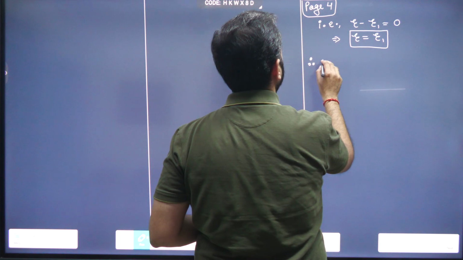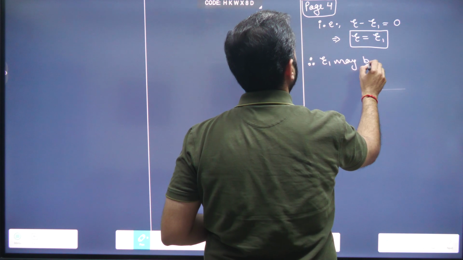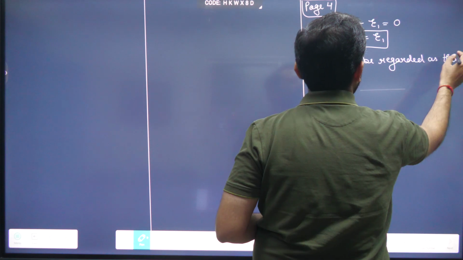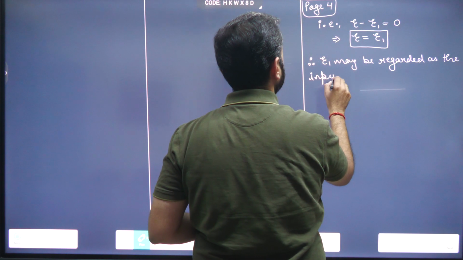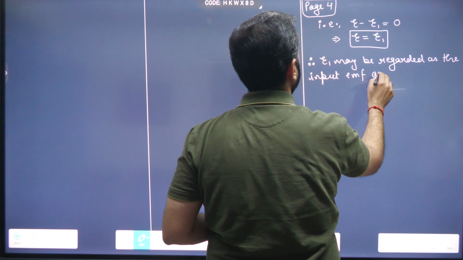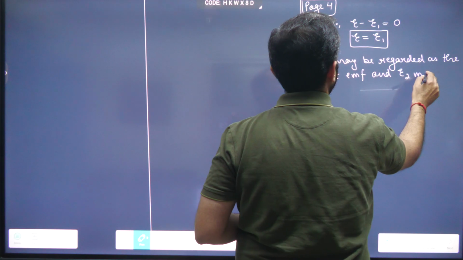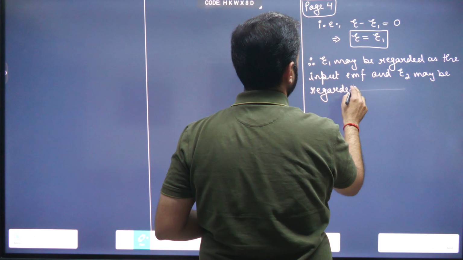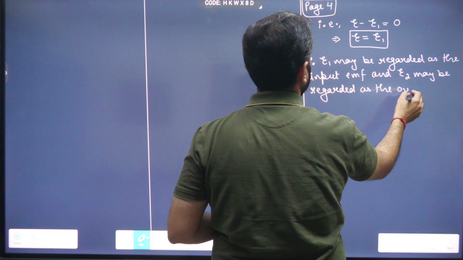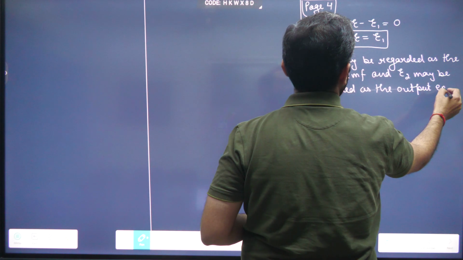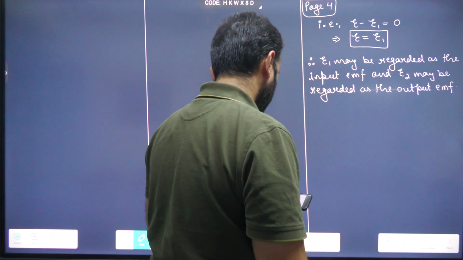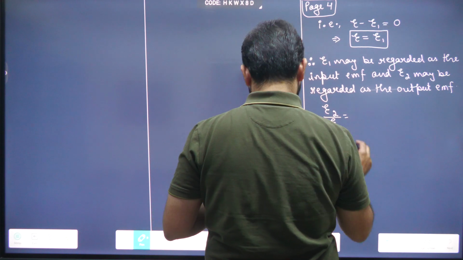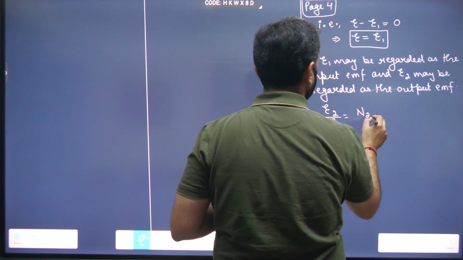Therefore, E1 may be regarded as the input EMF, and E2 may be regarded as the output EMF. E2 upon E1 is equal to N2 upon N1.